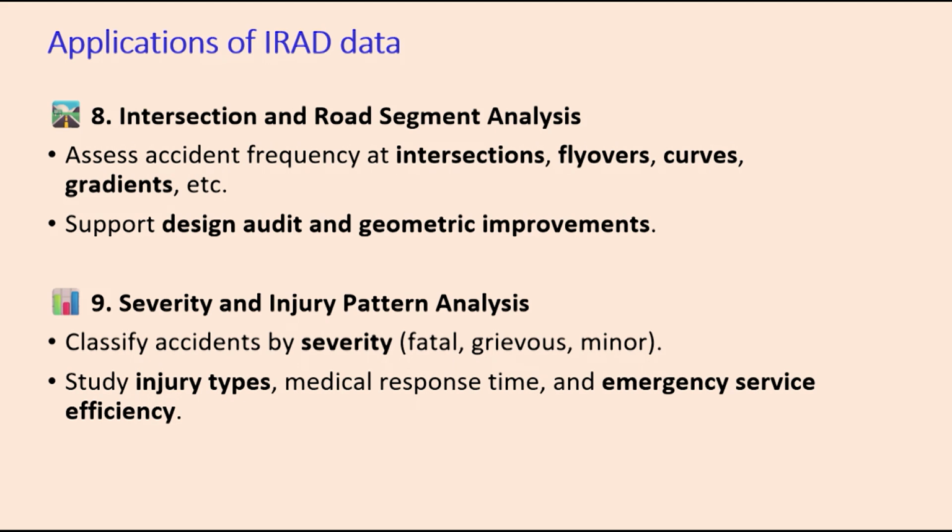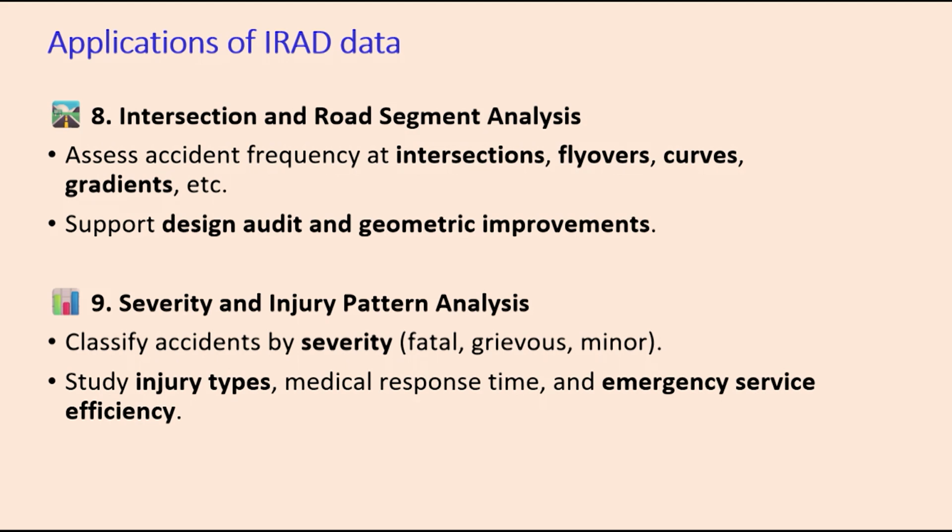Then severity and injury pattern. Where serious injury accidents are happening, or you might be focusing only on fatal accidents. At which location fatal accidents are happening. For all those different levels of interest, you can draw a contour map or a cluster map and then do the analysis.